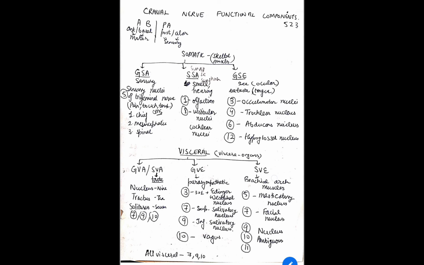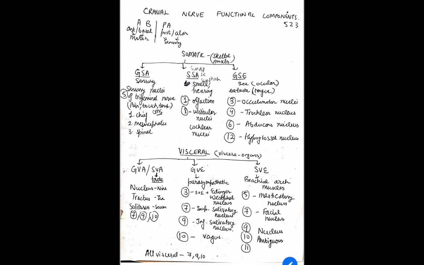Now let's quickly revise what the components or nuclei were in the somatic and the visceral. In the somatic, general somatic is the 5th nerve. Special somatic is the 1st and 8th, olfaction and hearing. Then general somatic efferent, eye muscles and tongue muscle, 3, 4, 6, and 12th.